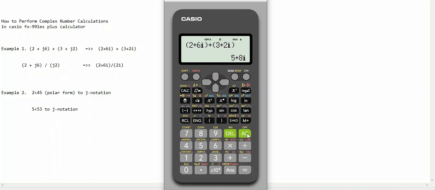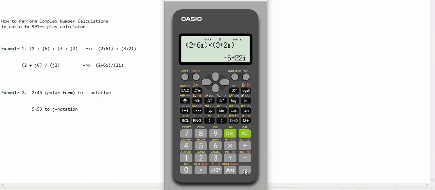I'll do one more before this. I'll do this same equation, but instead of addition, we'll do multiplication. So I can take this back here, and instead of addition, I'll put multiplication.